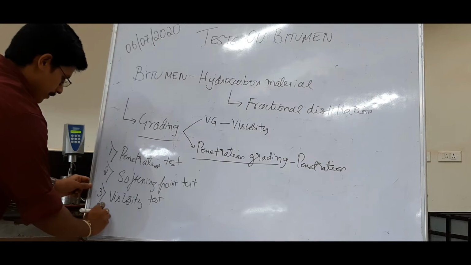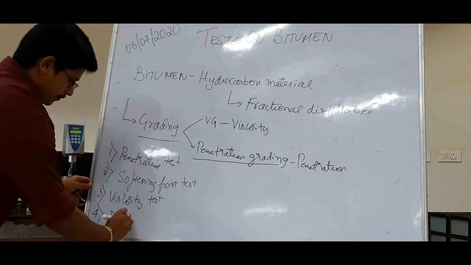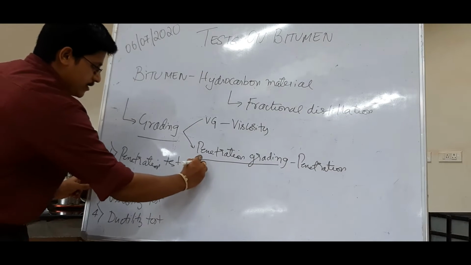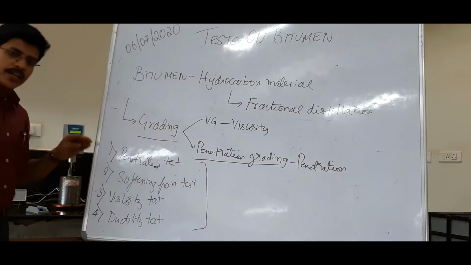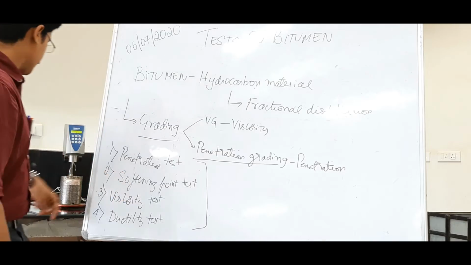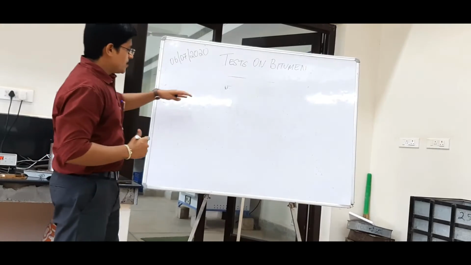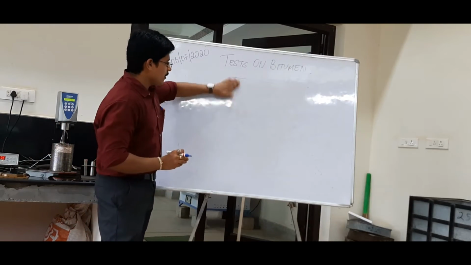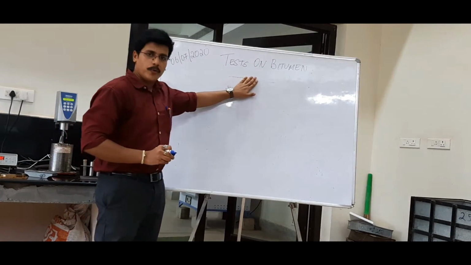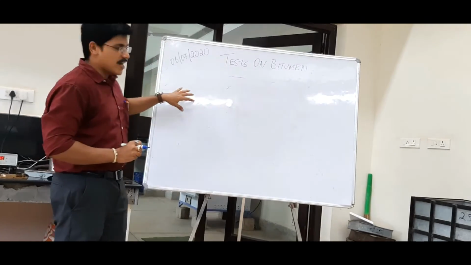Then the ductility test. Each test has a specific application and importance in identifying the bitumen characteristics. Once we do all the tests on the bitumen, like penetration, viscosity, ductility and softening point, we need to compare them with standard values.